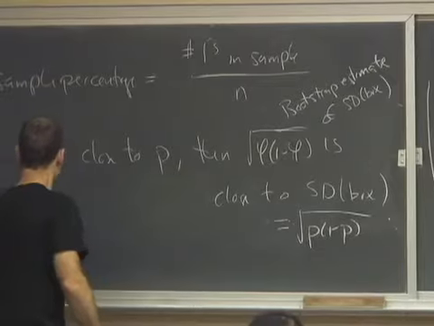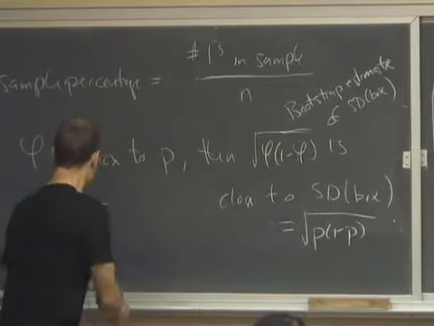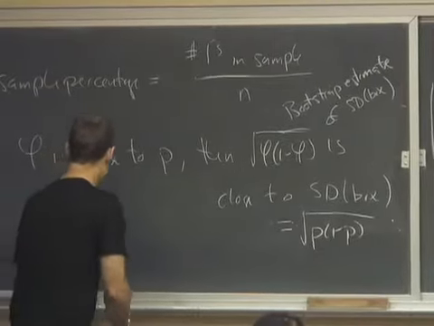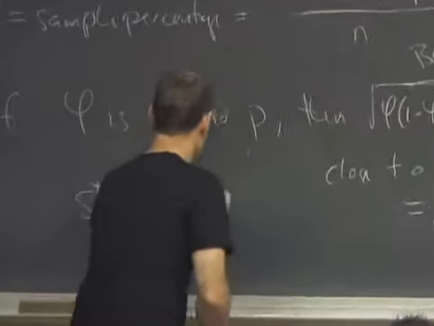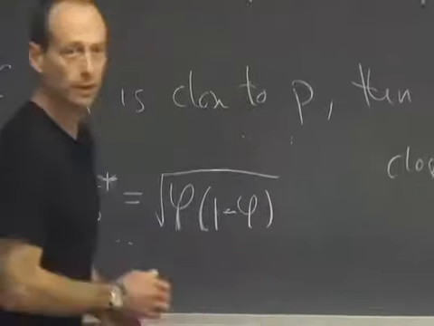S star is the square root of the sample percentage times 1 minus the sample percentage.